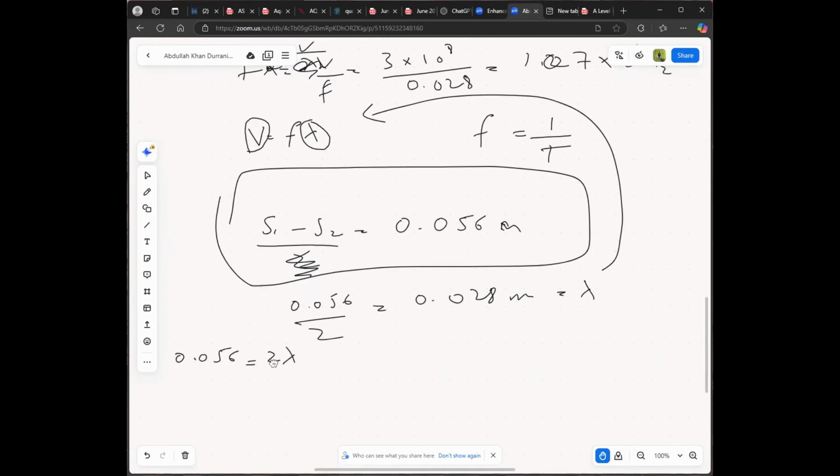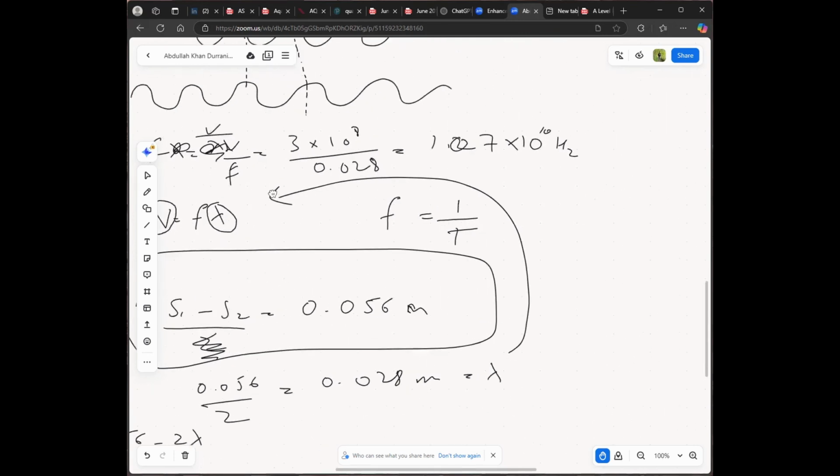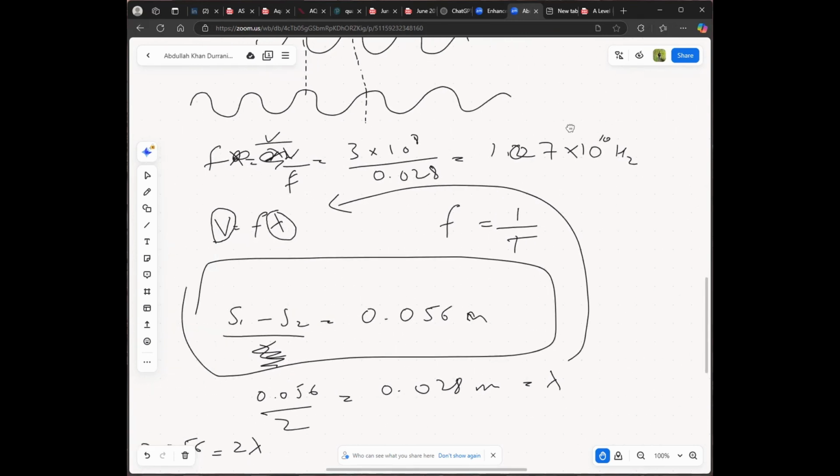Divide both sides by 2, and you will get 0.028 meters, which is lambda for you. So you put this 0.028 into the equation V equals F lambda. Everything is known except F, and you will eventually get the value of frequency, which is 1.07 times 10 to the power 10 hertz. Does that make sense, Jishant?